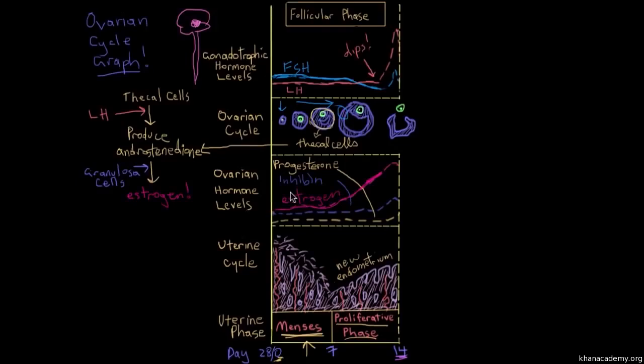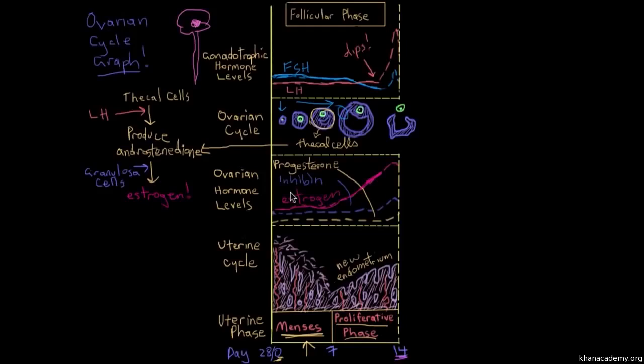And the follicles make the estrogen. So when the brain senses lots of estrogen, it must mean that the follicles are developing, right? So it doesn't actually have to continue to release so much FSH and LH. That makes sense. So that's why we see these dips here in FSH and LH levels in the blood, because the high estrogen levels tell the brain to sort of reduce their production and release of these gonadotrophic hormones.